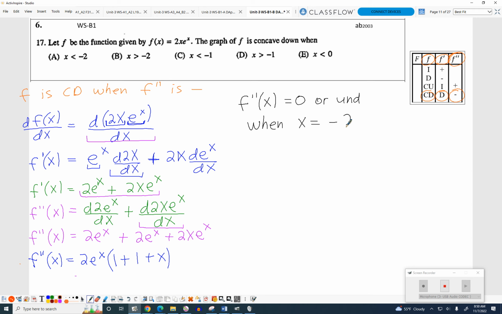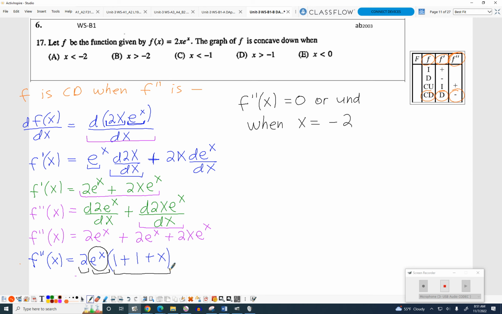Please make sure you never forget, everyone, e to an exponent is always positive. E to an exponent will never be a negative or zero value. So, right here, you have a 2 multiplying by something that is never 0 or negative, multiplying by a third factor.